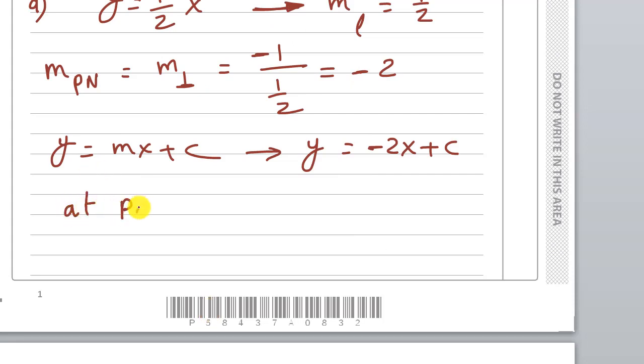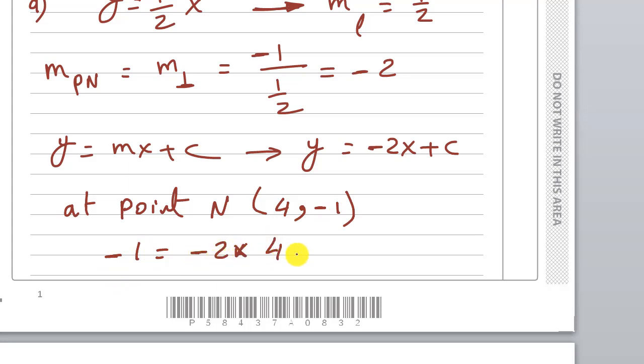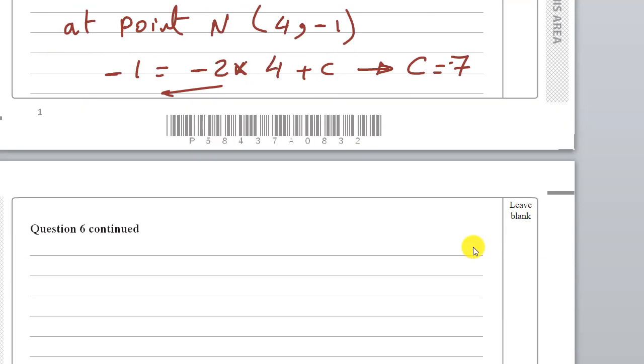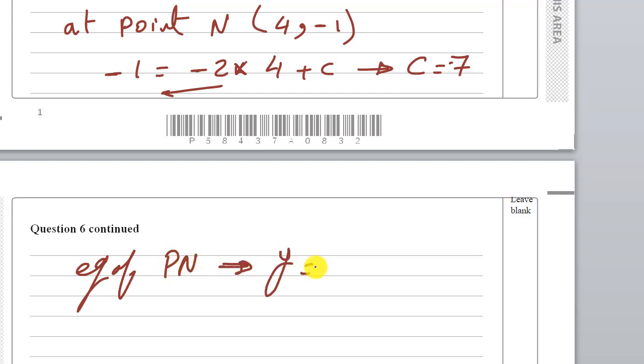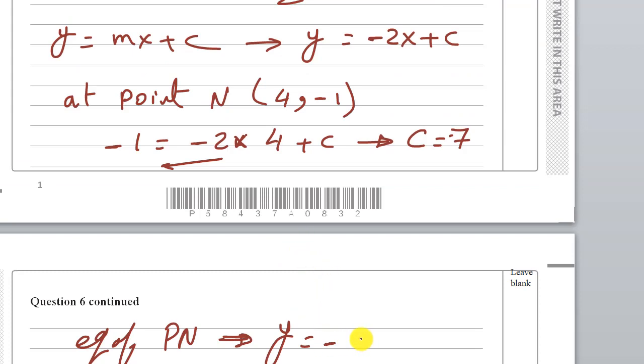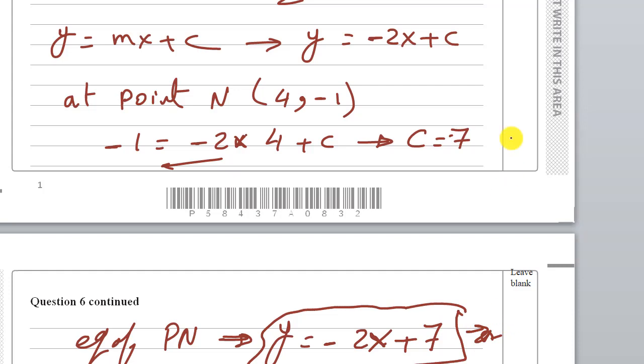Now minus 1 is equal to minus 2 multiplied by 4 plus c. So from here c is equal to 7. So the equation of PN is y equal to minus 2x plus 7. And this is the answer of this part. Let us go ahead to another part.